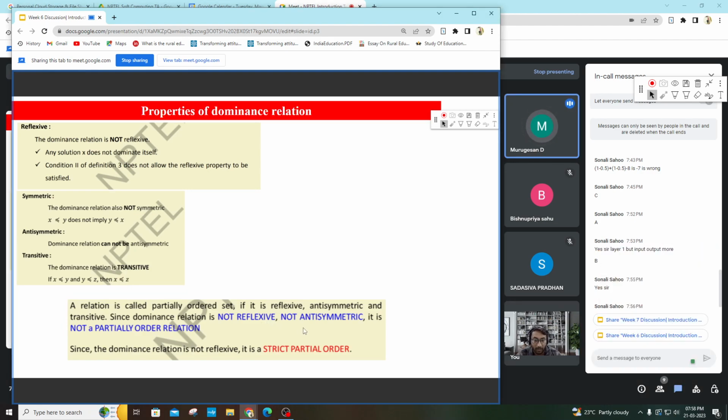What is partial order and strictly partial order? Okay, so a binary relation is known as a partial order relation when it is reflexive, antisymmetric, and transitive. But here our dominance relation is not reflexive. Why is it not reflexive?